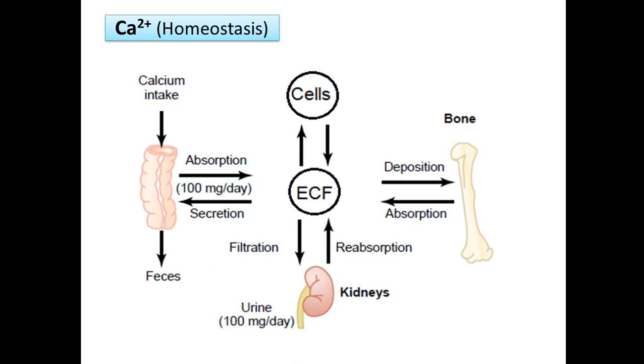Normally, the intracellular level of the calcium is kept very low, and as we know, excess intracellular accumulation of calcium may cause activation of various enzymes that may lead to apoptotic cell death. So generally speaking about the calcium, we usually take about 1000 milligram of calcium orally, and about 900 milligram of calcium is excreted in feces.